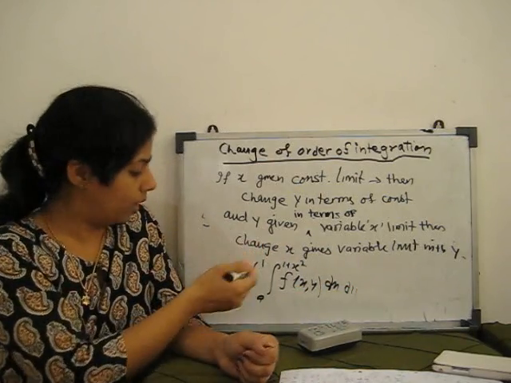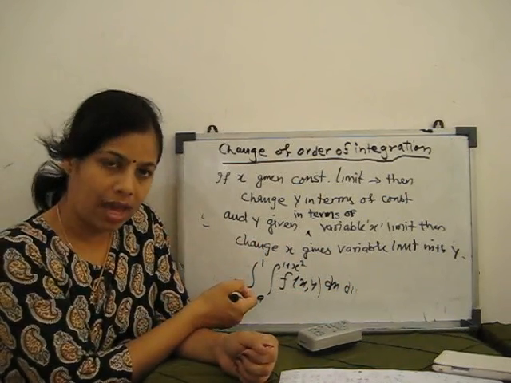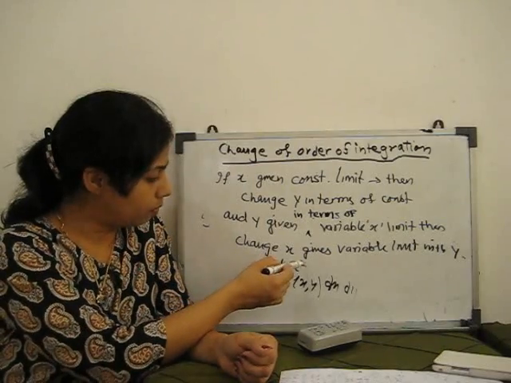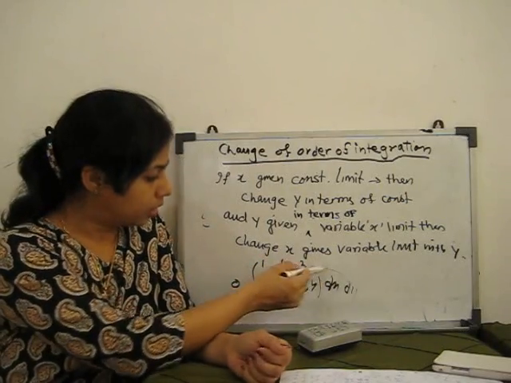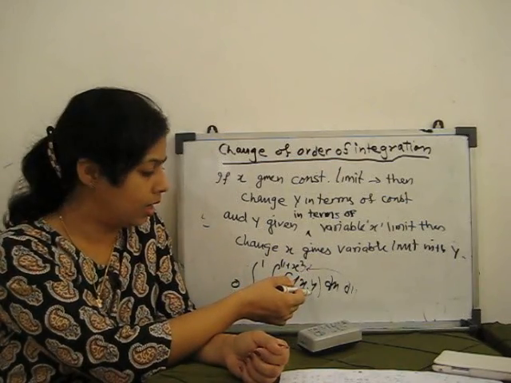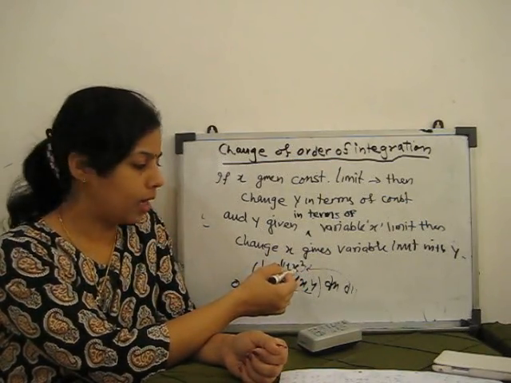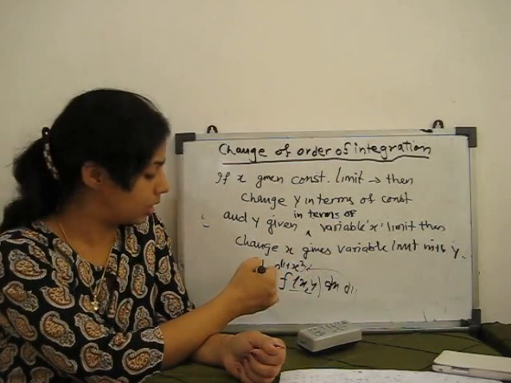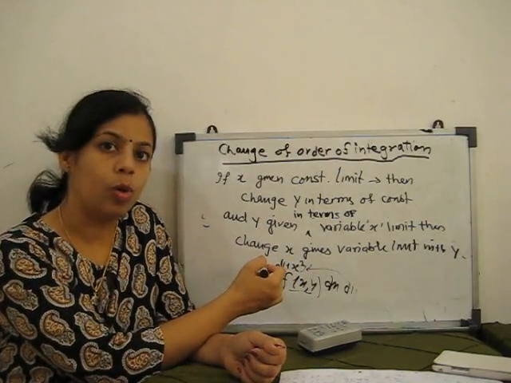It means 0 to 1 is the limit of x, and a to 1 plus x square is the limit for y, because we integrate first with respect to y, apply the limit in terms of x, then the whole function converts into x, and then we integrate with respect to x.